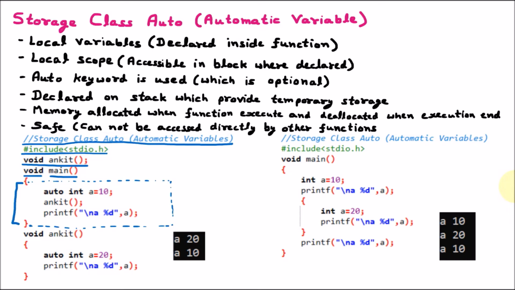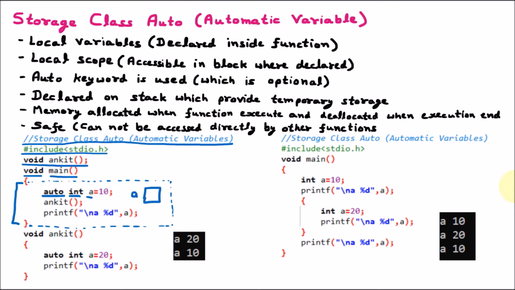Inside the boundary of main, we are defining one local, or automatic, variable by using the keyword auto. We know that this auto keyword is optional. Whether you provide it or not doesn't matter; the variable will be automatic, or local. Then we say int a, so one variable a will be declared inside the block of main.